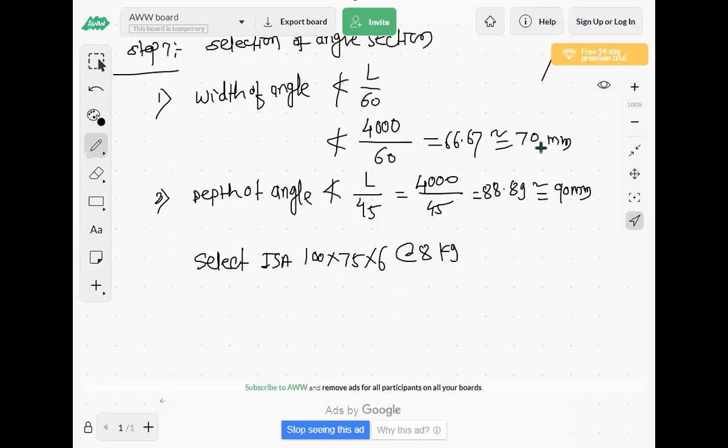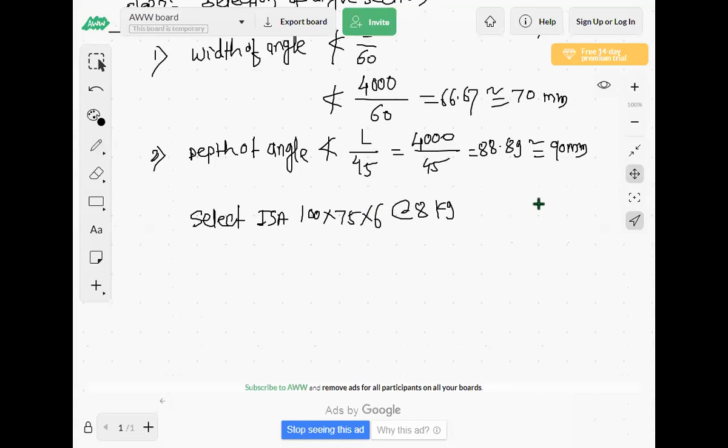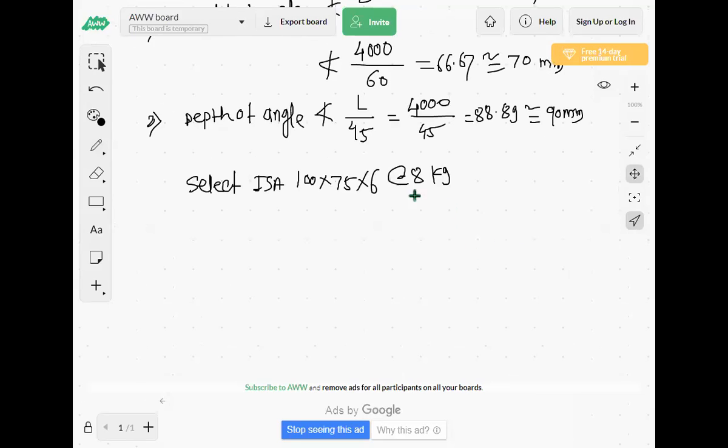It means width should not be less than 70 mm and depth should not be less than 90 mm. So here instead of 90 we have used 100 and instead of 70 we have used 75. So this section we will select from the steel table because this is an available section.